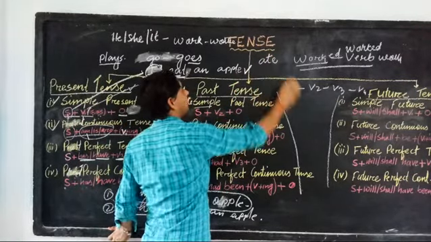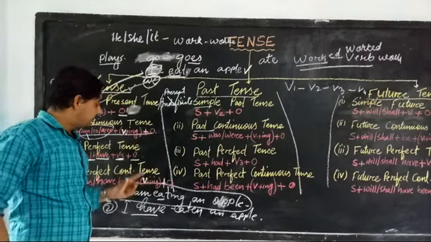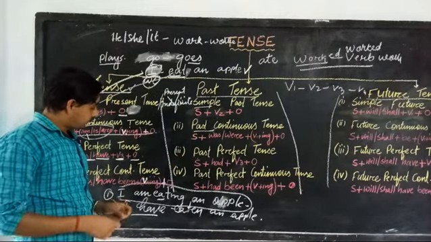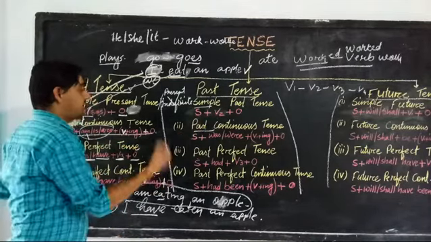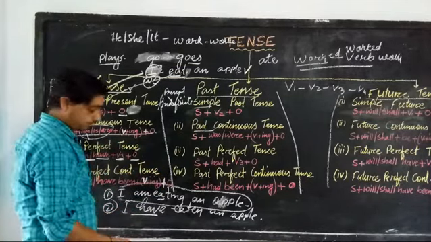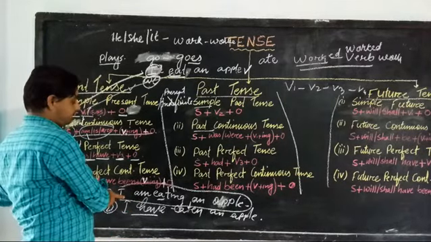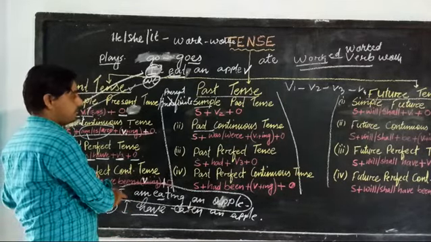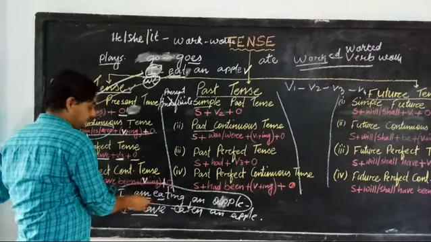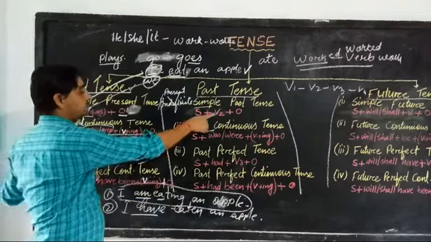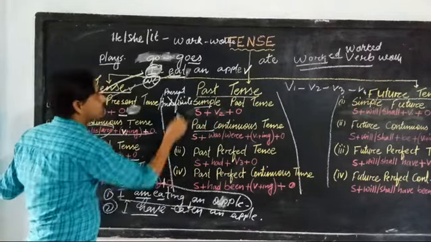This is the second form of verb. So if we make this sentence in simple past tense, then we can write in this way: I, then ate. We will not use am or anything else. Only the second form of verb is there.